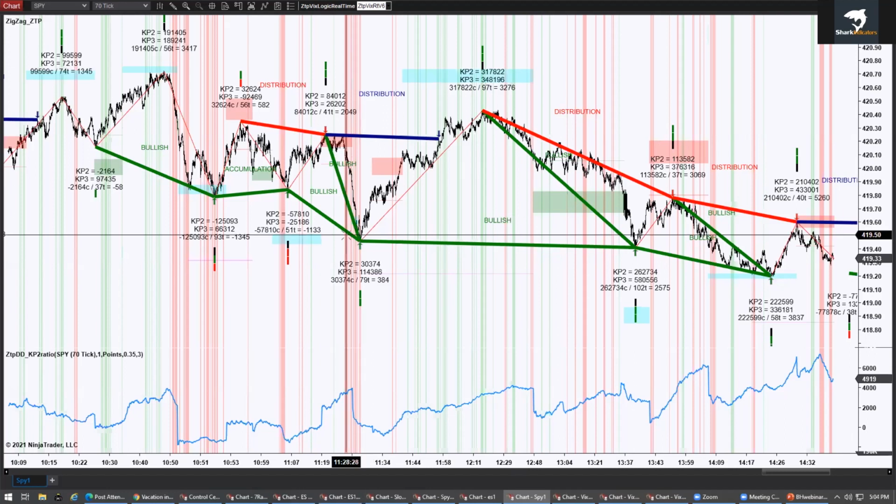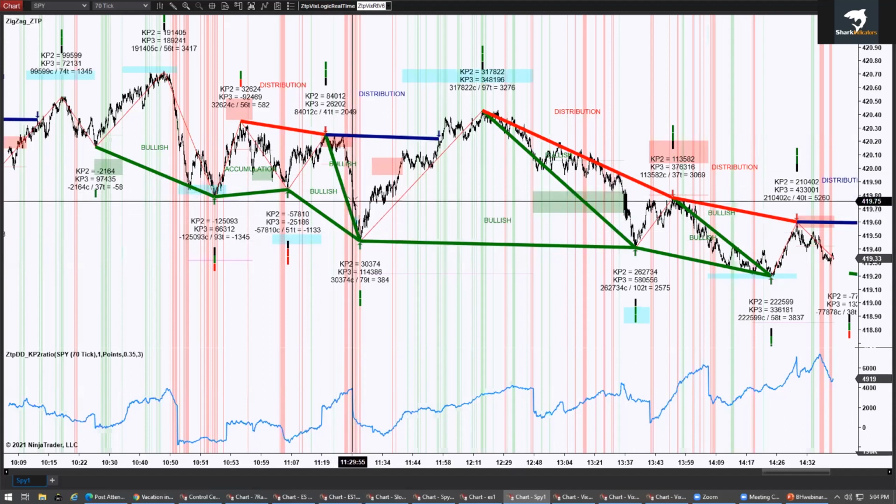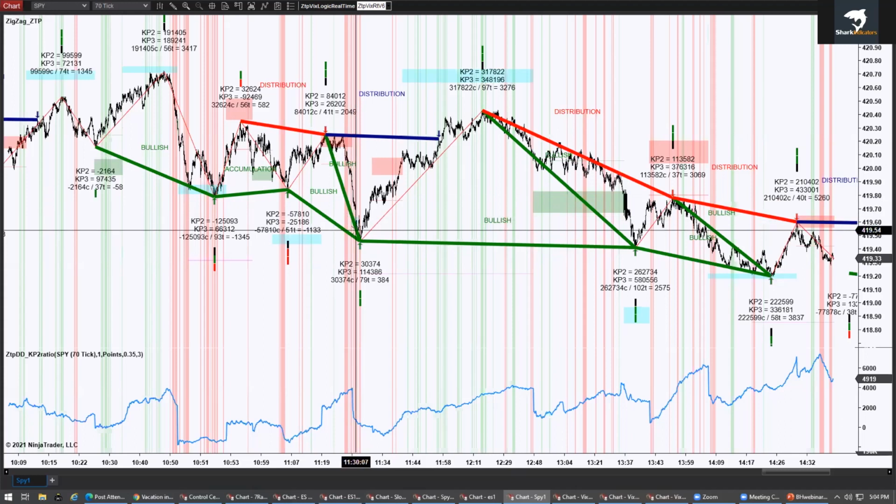And if we had gotten the signal in here, that's fine, but I don't want to be a buyer anywhere in here, okay? Because it's just not safe. And that's really the most important thing about this: I'm not looking to catch every top and every bottom, first off.